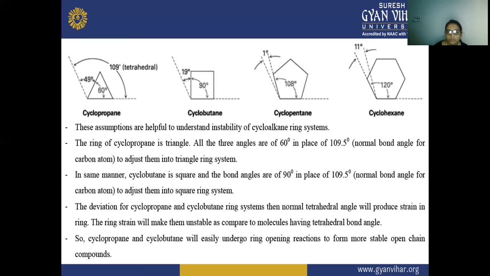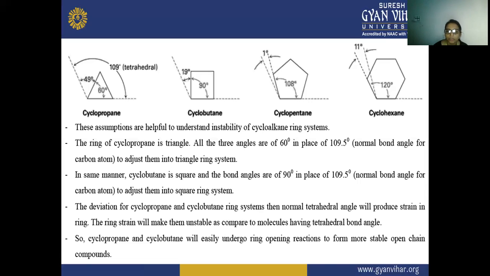So both cyclopropane and cyclobutane have a deviation in the bond angle, and the deviation in the bond angle causes strain in the ring. This ring strain will make them unstable as compared to molecules having tetrahedral bond angle.